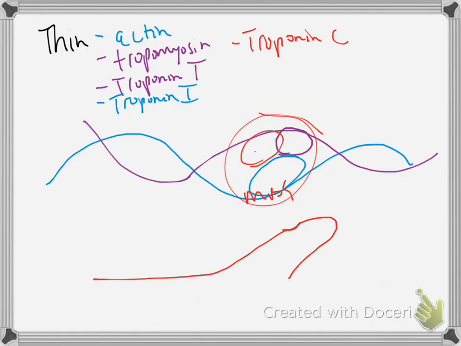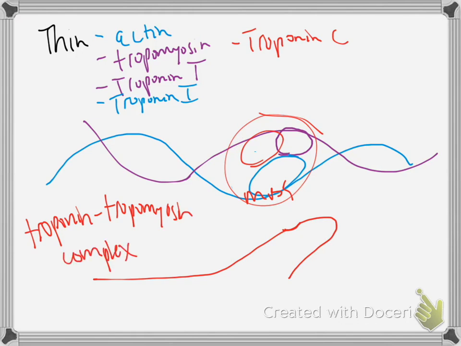And while this myosin is in its high energy configuration, it wants to bind to actin, but it can't bind to actin because on this thin myofilament we have this troponin tropomyosin complex. So that word is troponin tropomyosin complex.